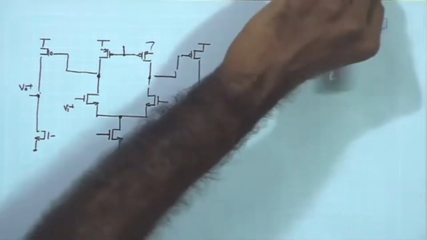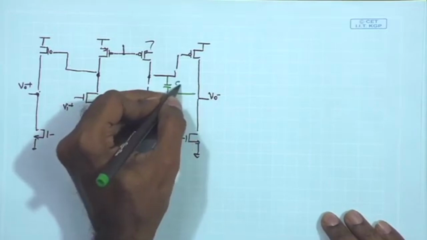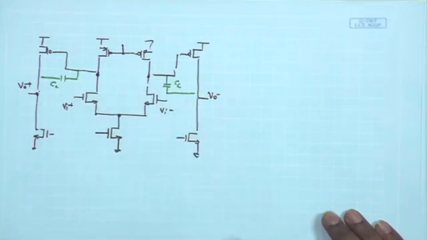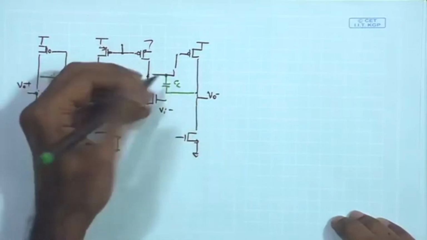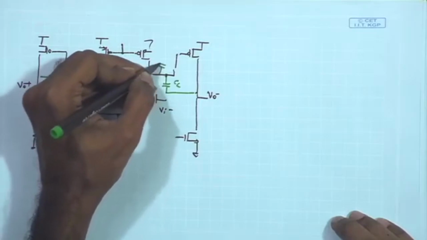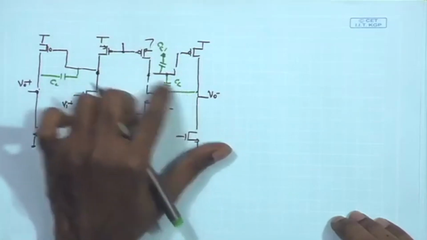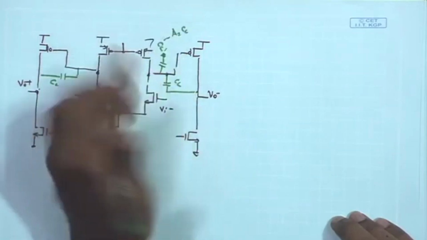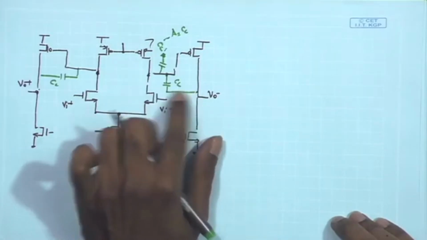So, let us put compensation capacitors between the output of the first stage and the second stage, and we know that the result of this will produce an equivalent capacitance C1 dash, or CC1, which is the equivalent component resulting from the CC at the first node, and that is going to be A2 times CC approximately, where A2 is the gain of the second stage.